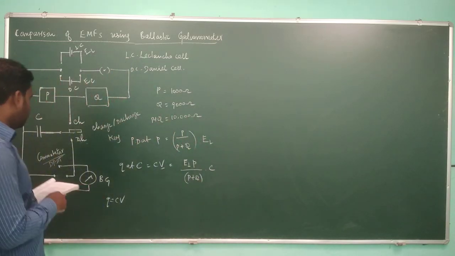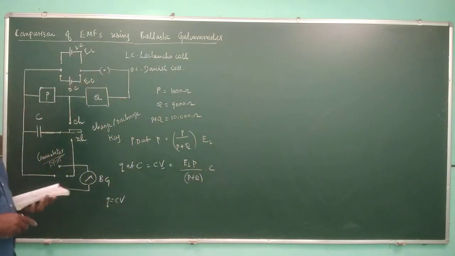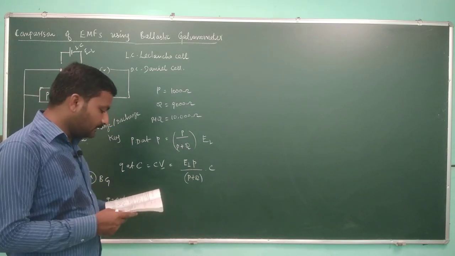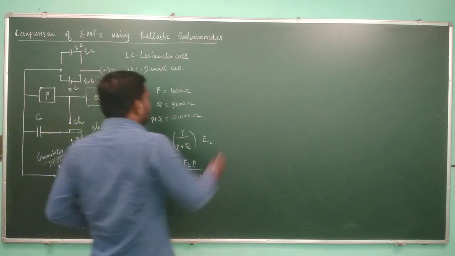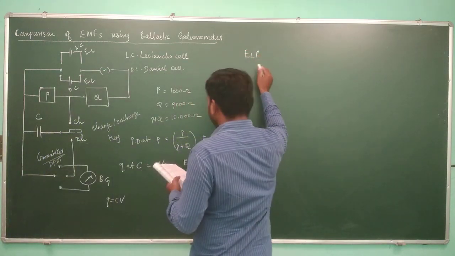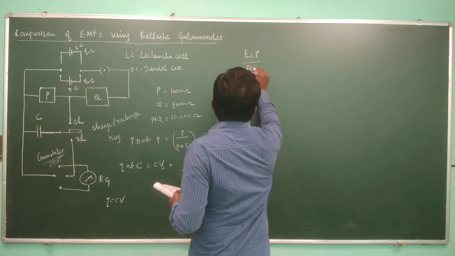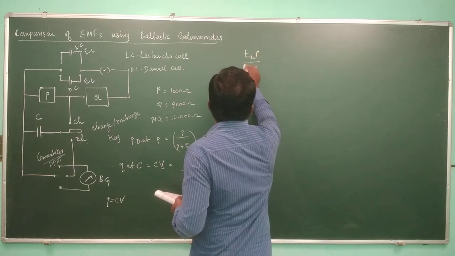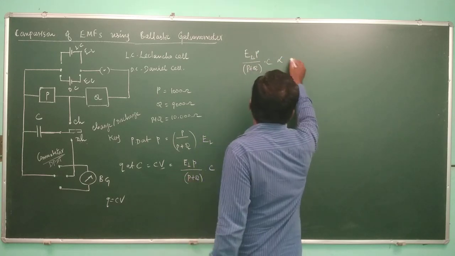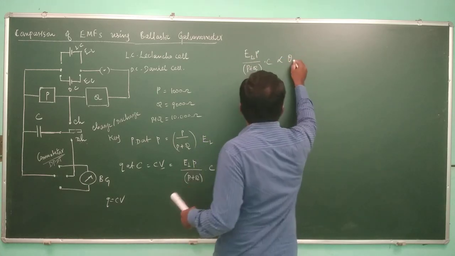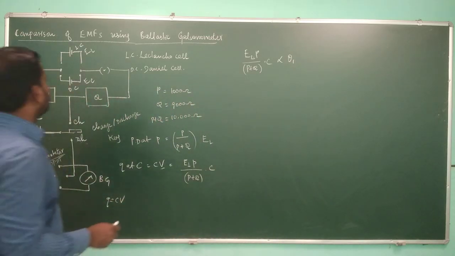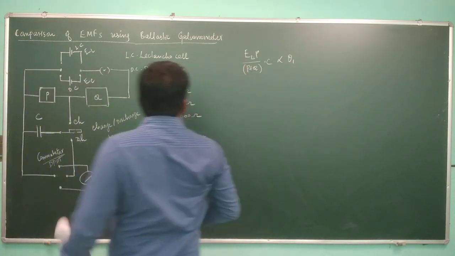We will note down that theta, and from that the undamped deflection theta 1 can be calculated, and that theta 1 is directly proportional to E_L P by P plus Q into C. So this is for the Leclanché cell.